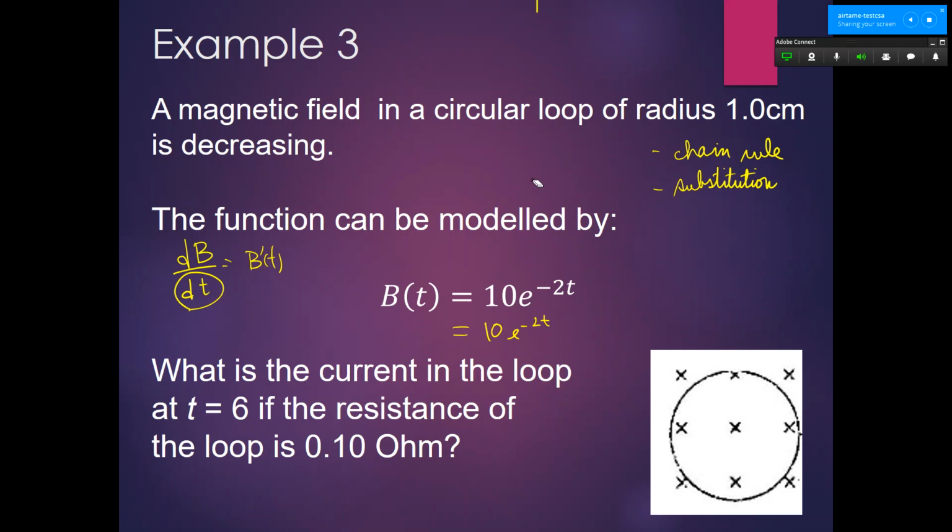So b prime of t is going to be the original function multiplied by the derivative of the function inside, in which case is the derivative of negative 2t, and the derivative of negative 2t is negative 2. So you multiply this by negative 2, which gives me negative 20 e to the power of negative 2t.